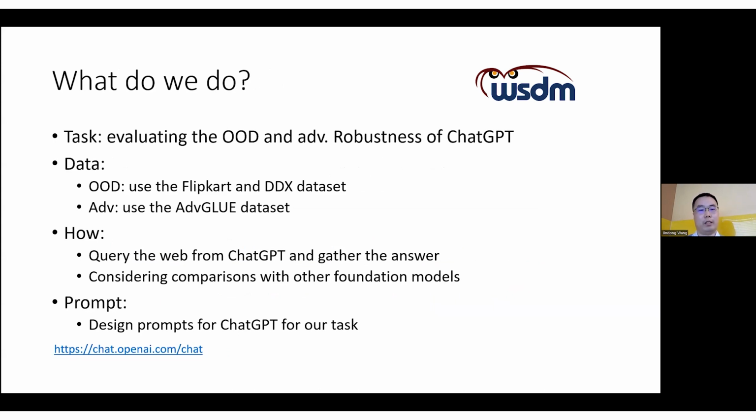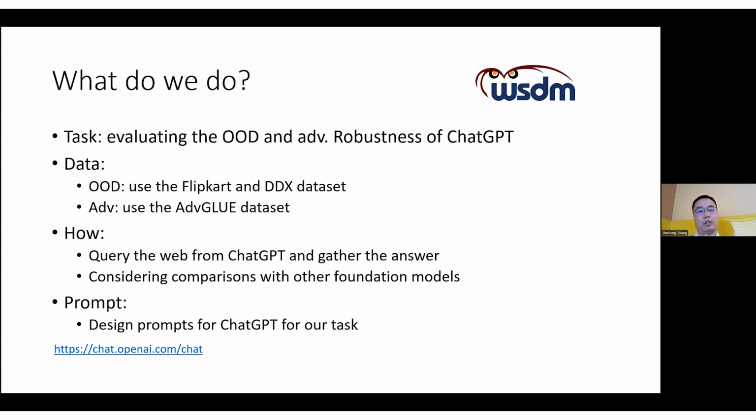So let me summarize what we actually did in this evaluation paper. The task here is very simple. We just want to evaluate the OOD and adversarial robustness of ChatGPT. On what data? The first part of the data is OOD data, because it's very difficult and almost impossible to find really out-of-distribution data for ChatGPT.